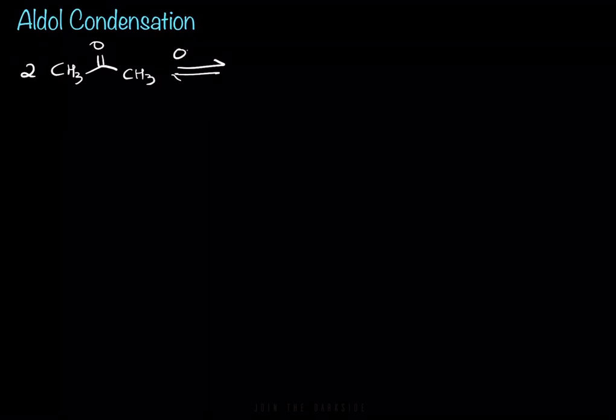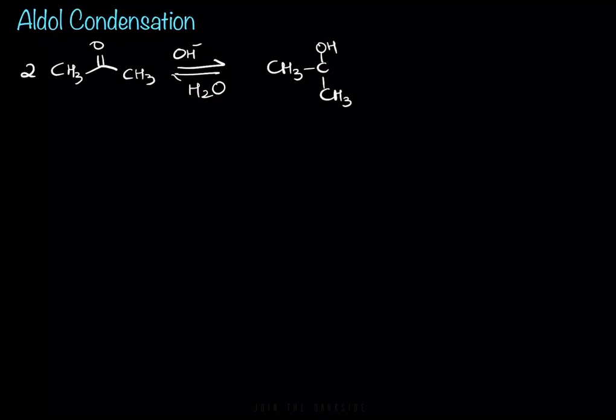So this is acetone, 2 moles of acetone. 2 molecules of acetone react with a base in the presence of water, and this is the aldol addition product that you get from this reaction, which is a beta hydroxy ketone.